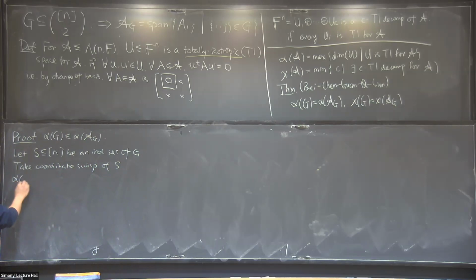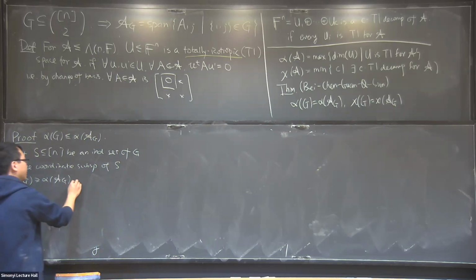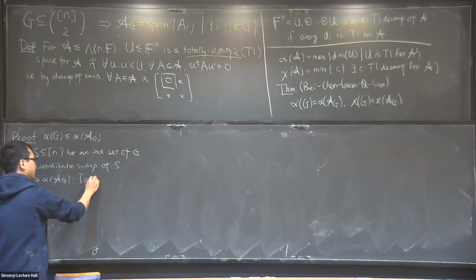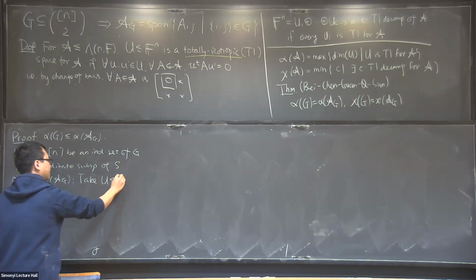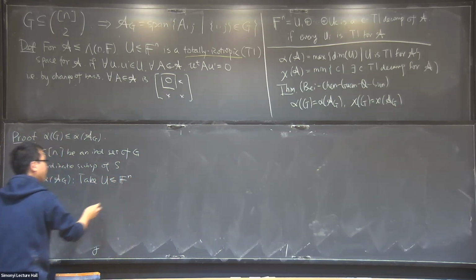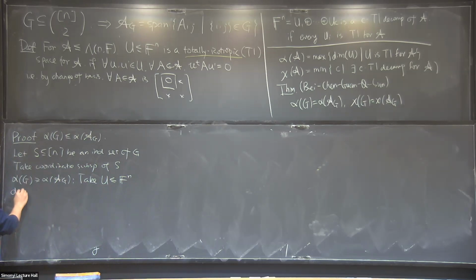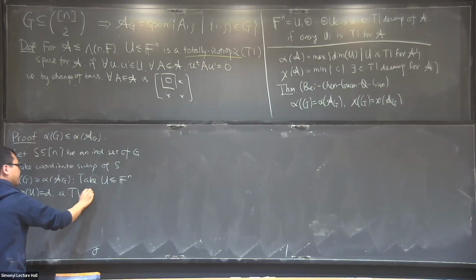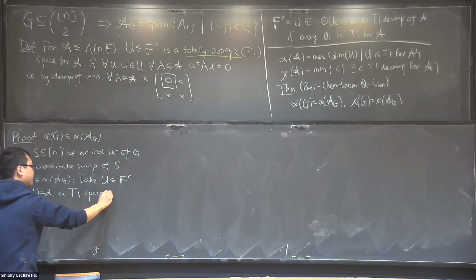Now for the other direction, that's usually the more interesting part, right? So you take U, which is a subspace of F^n with dimension of U equals d, for example, totally isotropic for AG.